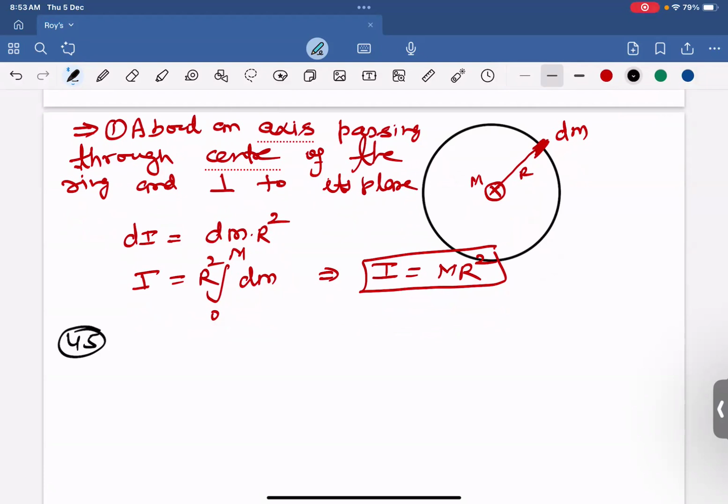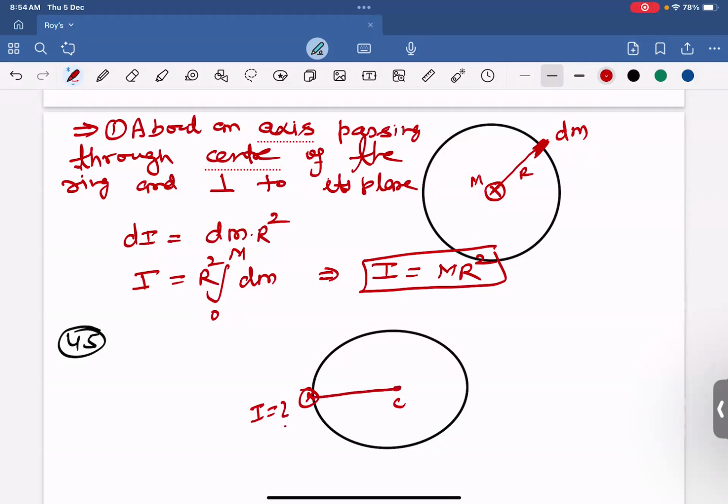So in this example you have a ring here, and the tangent you have to draw is not in the plane. The tangent is perpendicular to the plane, so it is here like this, going into the screen. And I have to find the moment of inertia about this axis.